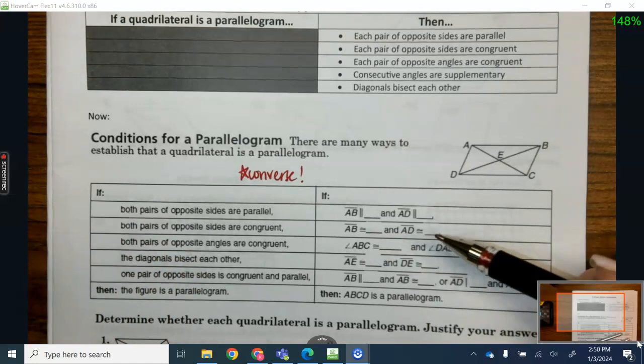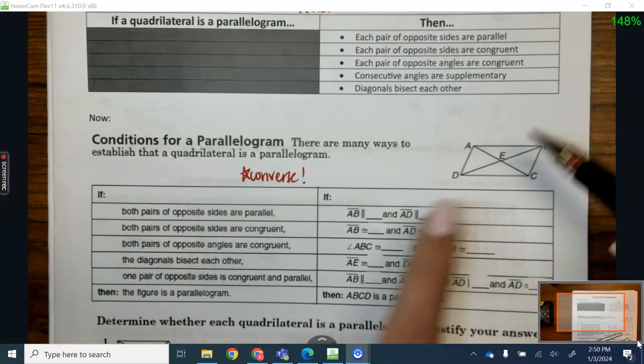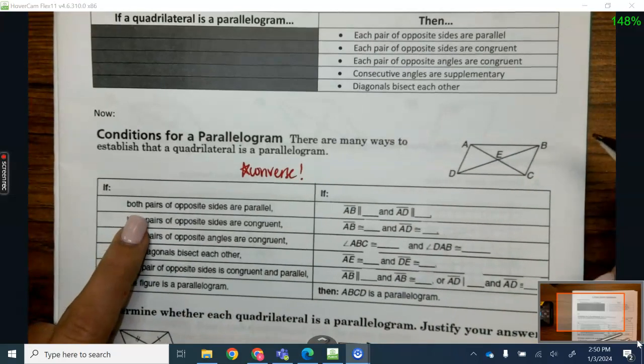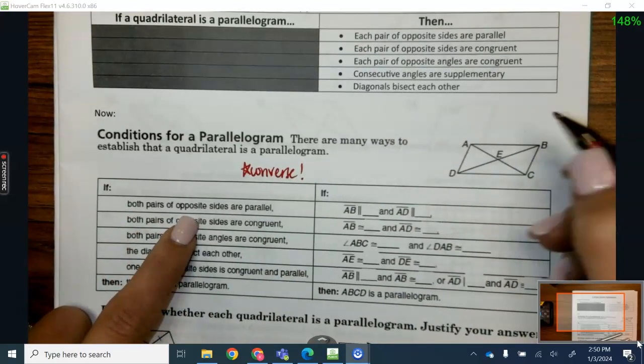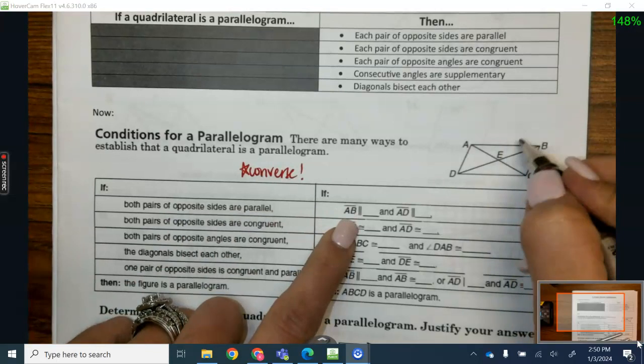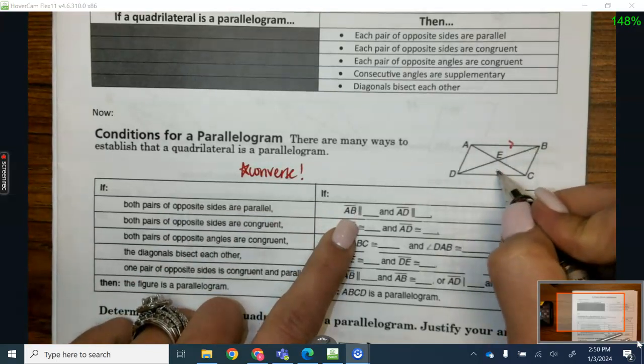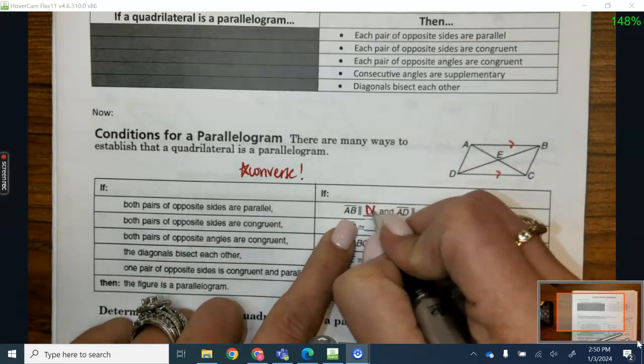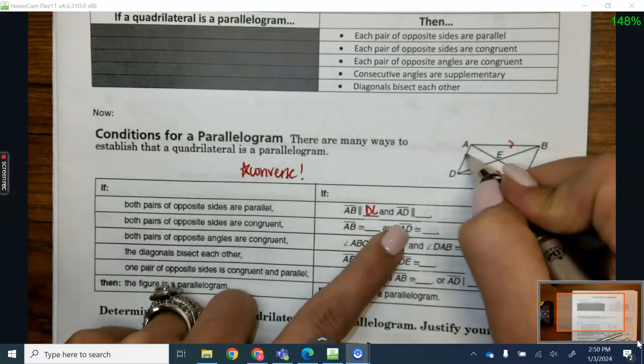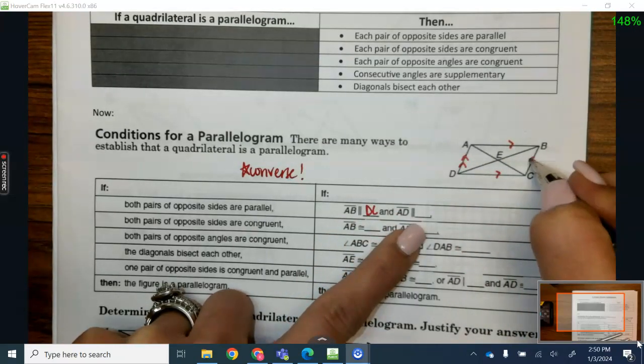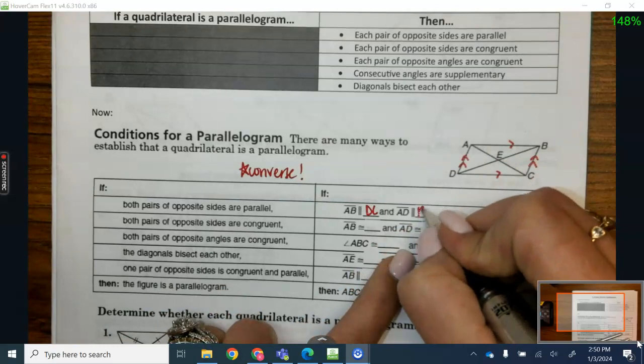Okay, so we're going to go through these with this figure right here. If both pairs of opposite sides are parallel, meaning that side AB is parallel to DC and side AD is parallel to side BC.